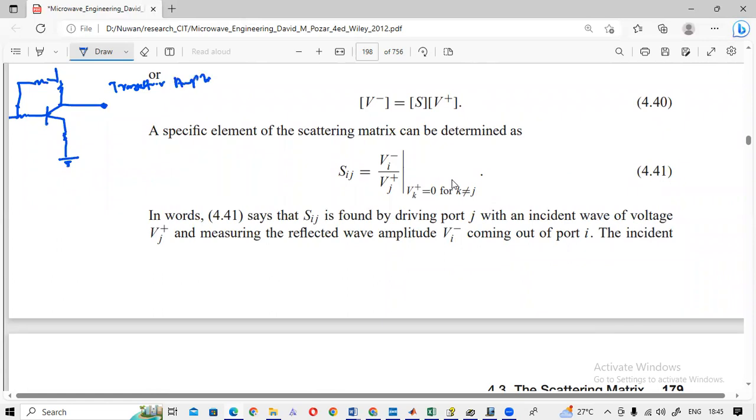Let's say this is a microwave circuit, maybe working at 10 gigahertz or 6 gigahertz range. So these are microwave range, high frequency range.